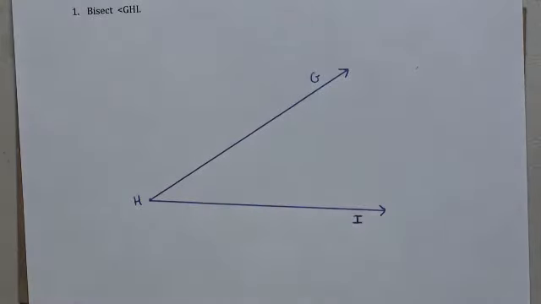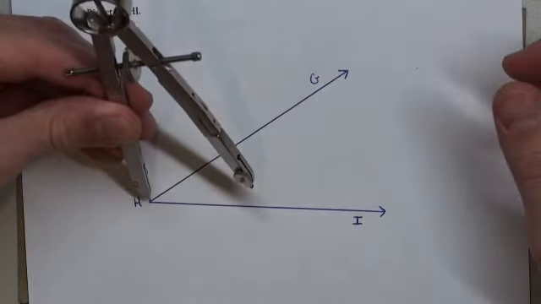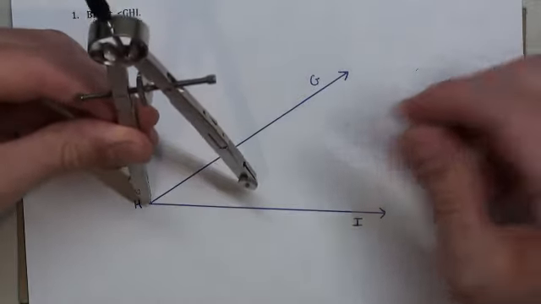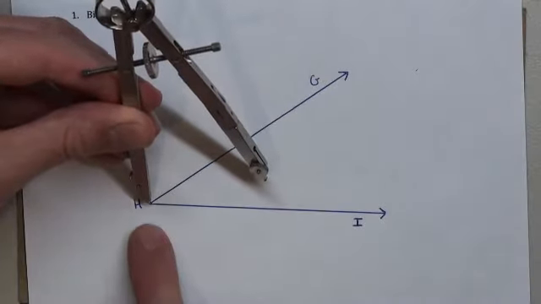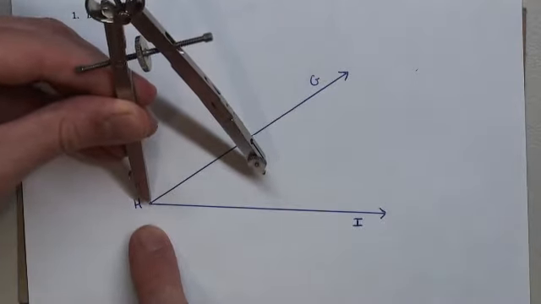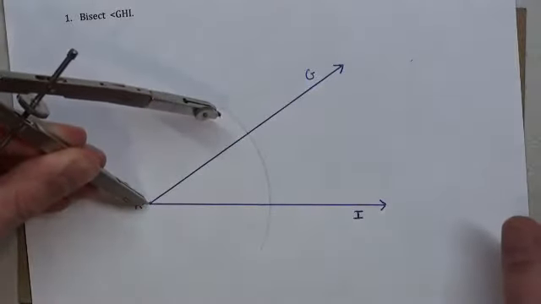Now this is the construction that we did last time. Bisect an angle. I'm going to open my compass so that it's somewhere in the middle of the angle. I'll open it even a little bit more. I put my compass point on the vertex of the angle and make an arc that crosses both sides of the angle.